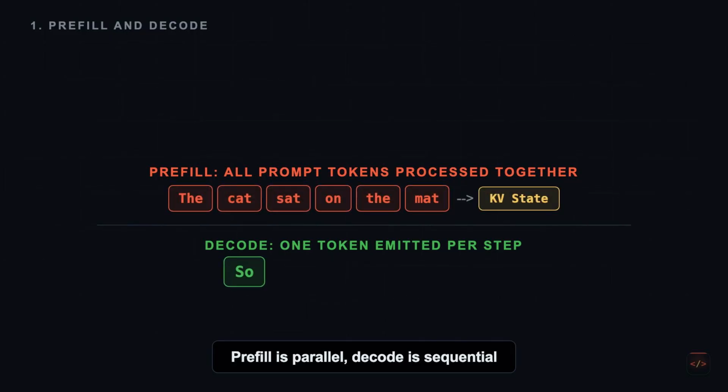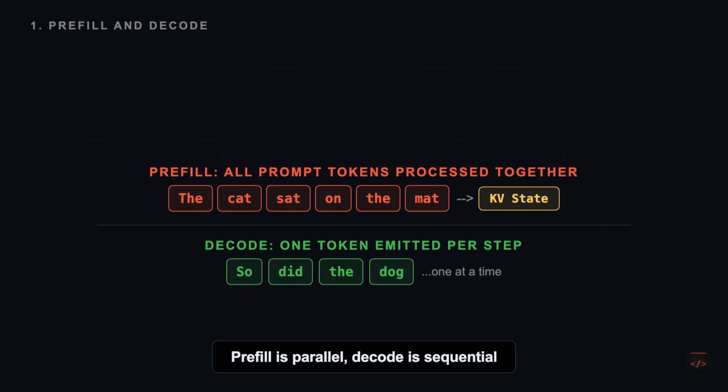Generation happens in two very different phases. First is prefill. The model reads your entire prompt at once, processing all those tokens in parallel to build up its internal state. This is fast and uses the GPU heavily because everything happens together. Then comes decode. The model produces the answer one token at a time.